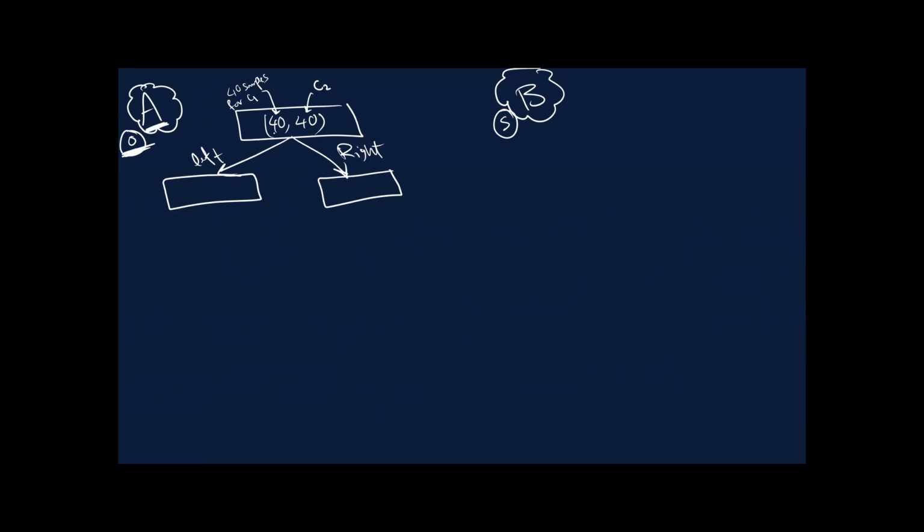Of course, the frequency of the classes will be different. The 40 will be split between this part and the other part. So condition A will give us 30 here and 10 here, which add to 40. And for class 2, it will give us 10 here in the left part, and here it will be the remaining, so 30.